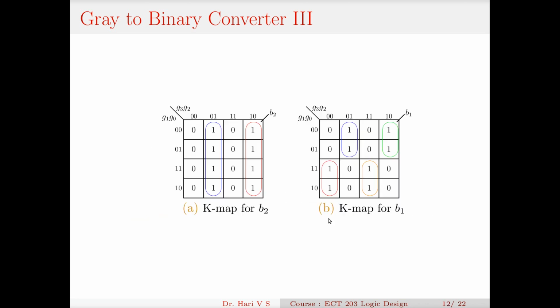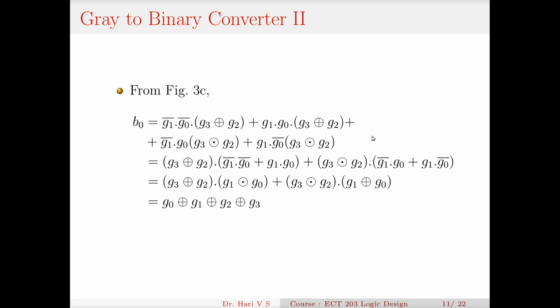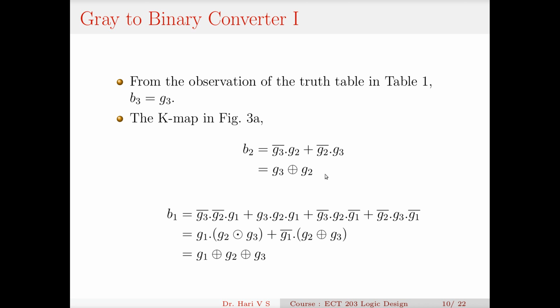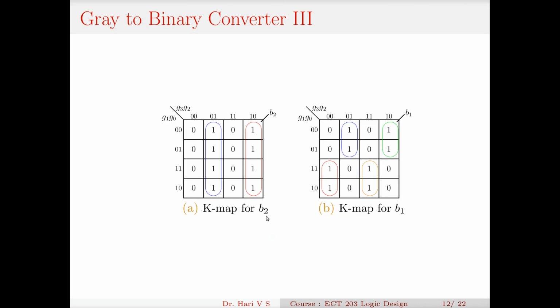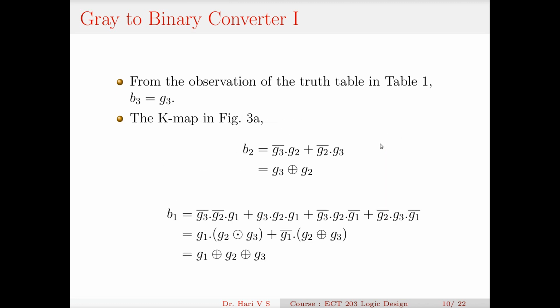Then corresponding to this orange thing, it is nothing but G1 G3 G2. You can see that the term is here, G1 G3 G2, and then there is a last one in green color here. This is nothing but G1 bar G3 G2 bar.